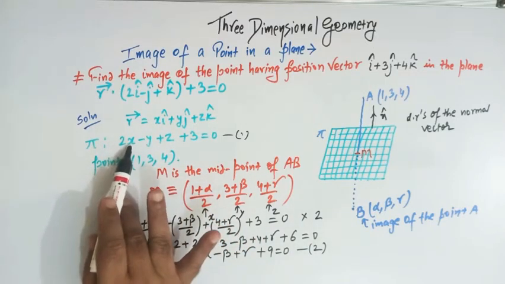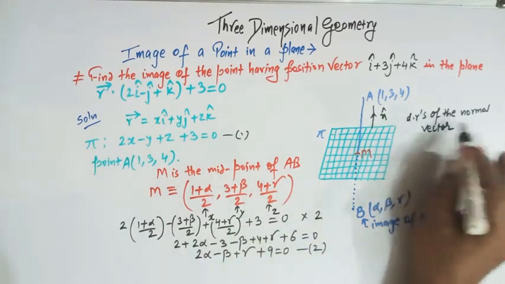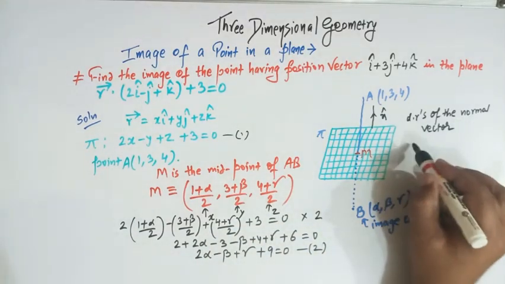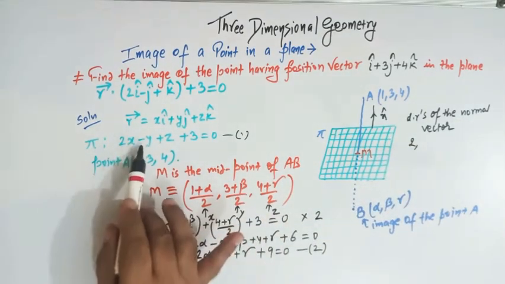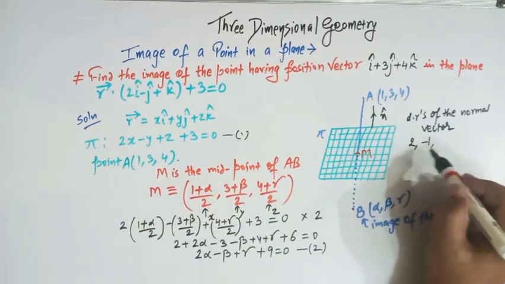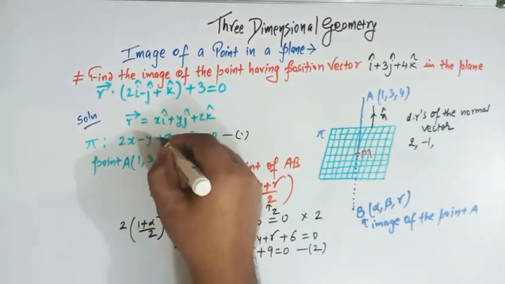So here the coefficient of x is 2, so the DRs of the normal vector are 2, and we have then minus 1, and here we have 1, right?